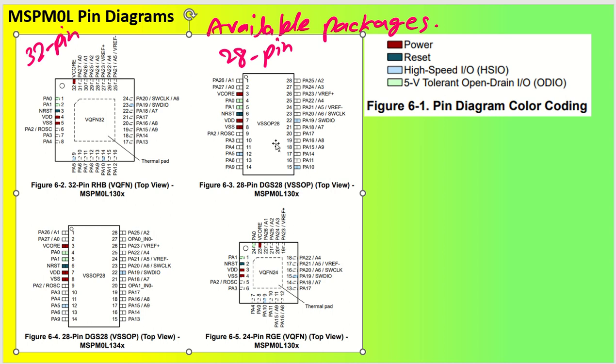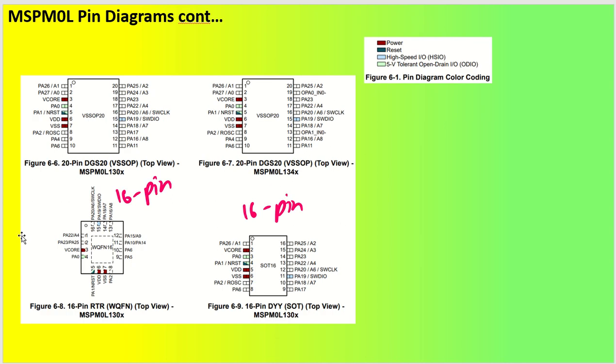That's the reason VSSOP28 is given in both the manners. Now we have other packages as well, like VSSOP20 in the 134 family, and then we have the 130X family 16 pin package, as well as the 130X family 16 pin package in SOT package. All right, so this is the WQFN package and this is the SOT package.